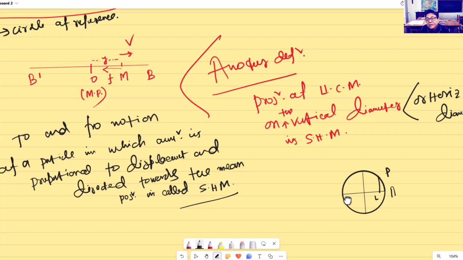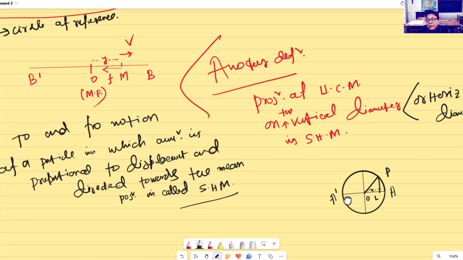Okay, this is A, O, A dash. And displacement always is considered from here. We take this one as X. Okay. Then we can find the value of X also.